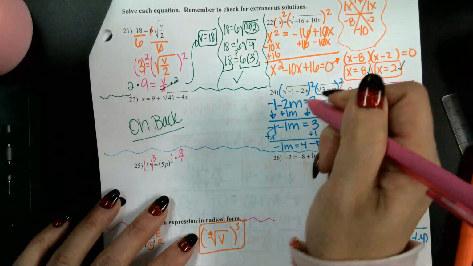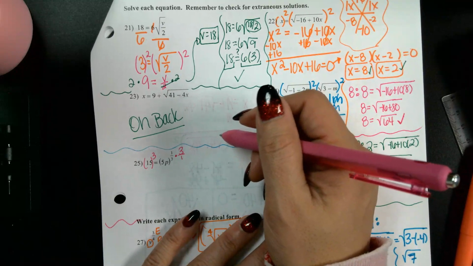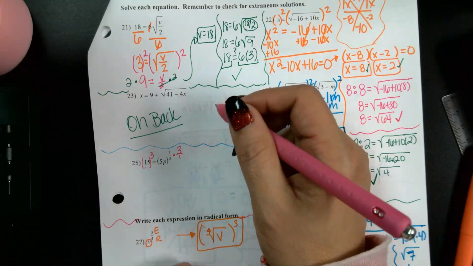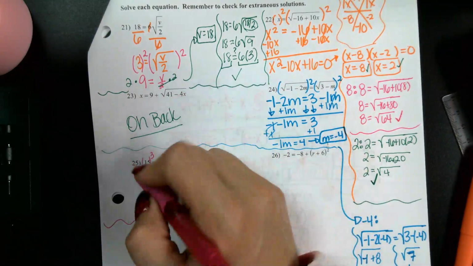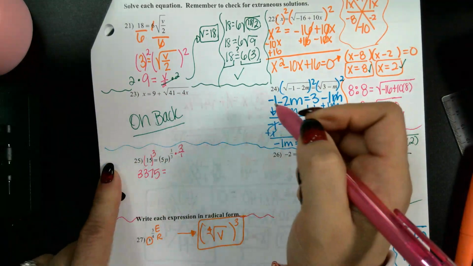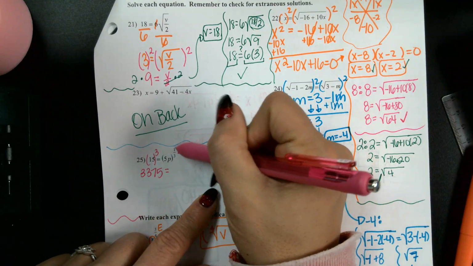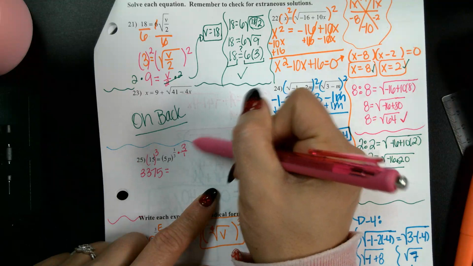Okay, so you guys have to figure out what 15 to the third is. It's a big number. You're going to want to use your caret button on your calculator. 15 caret 3. Yep. And now this over here, the whole point of doing this is multiplying a fraction by its reciprocal, right?